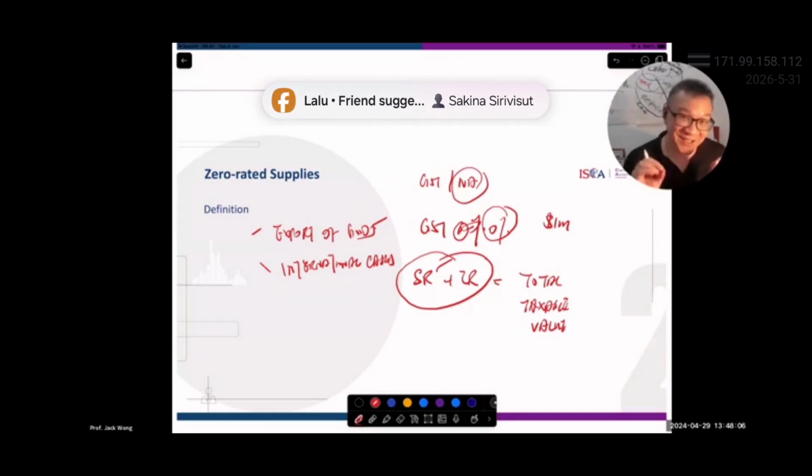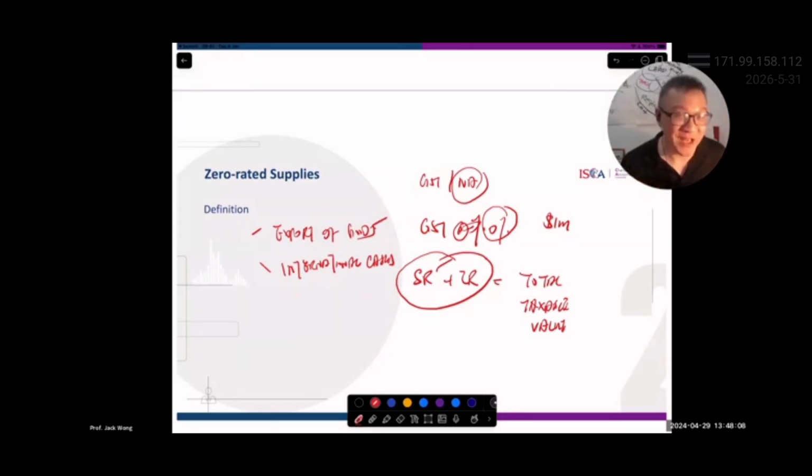Only then is it really the export of goods that we are talking about, in respect of which you apply 0% in your return. So you may think that a supply of goods to customers overseas is a zero rated supply. Not true until you have satisfied the export documentation requirement.